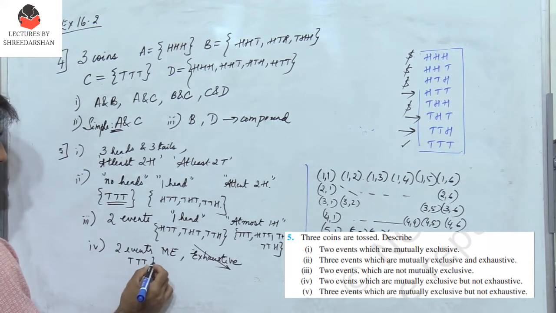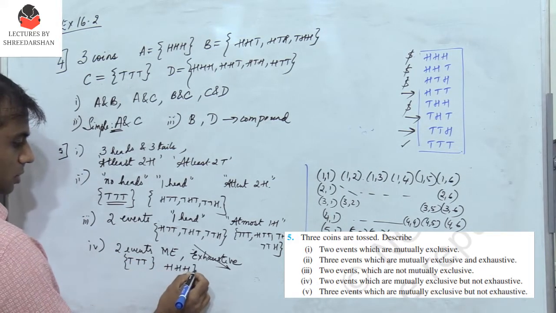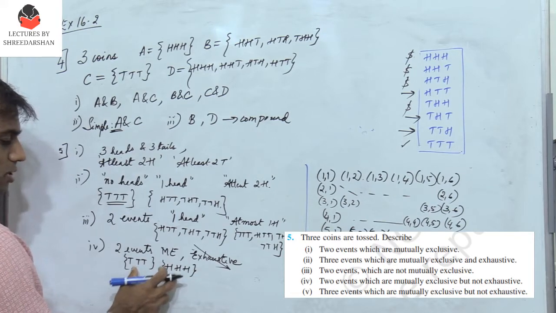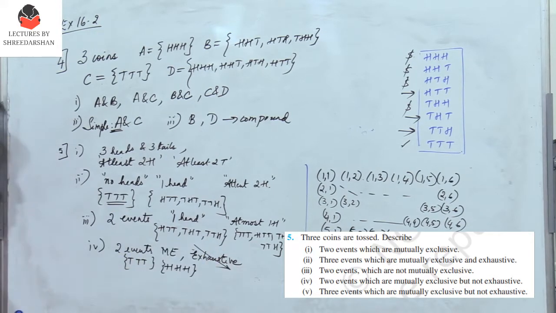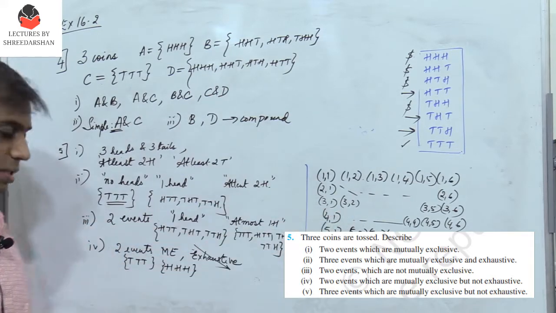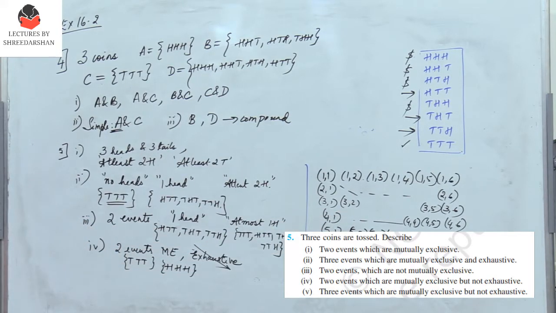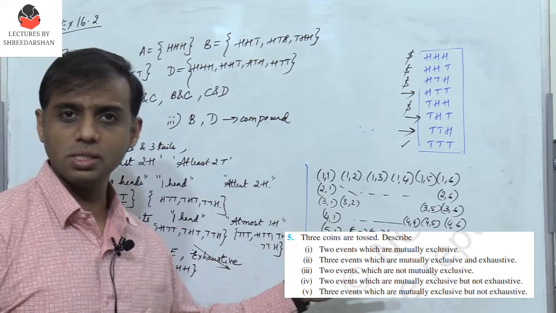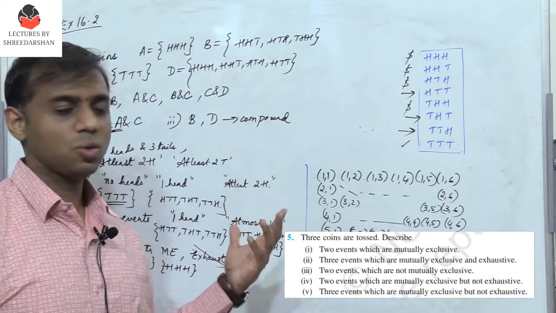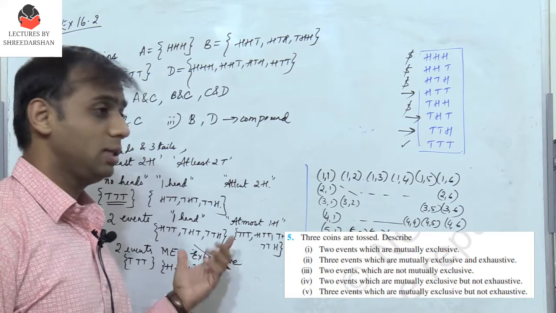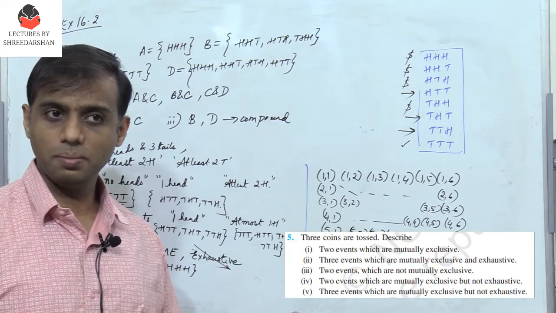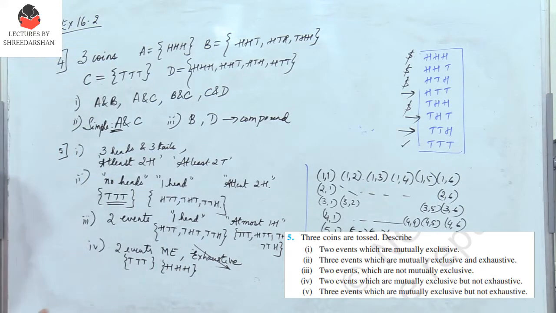Two events. Are they mutually exclusive? Yes. But are they exhaustive? No, because if I take the union of these two, I do not get the sample space. So this is one example. You can have a number of examples. There's no hard and fast rule that you have to write these answers. You can have different answers too, and they will be right too.